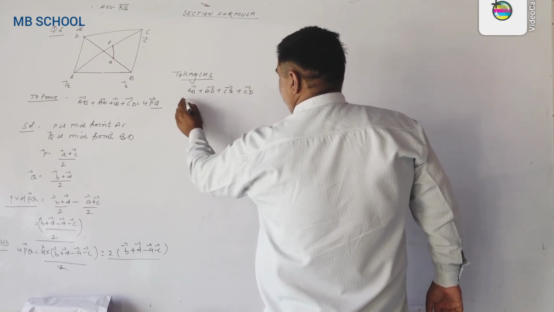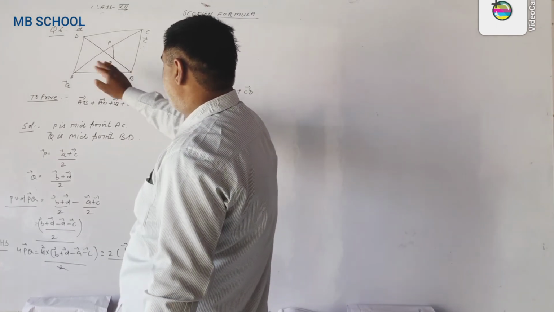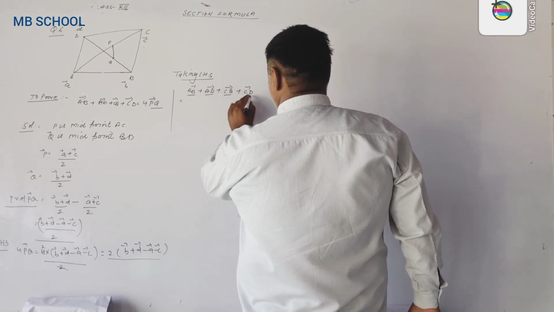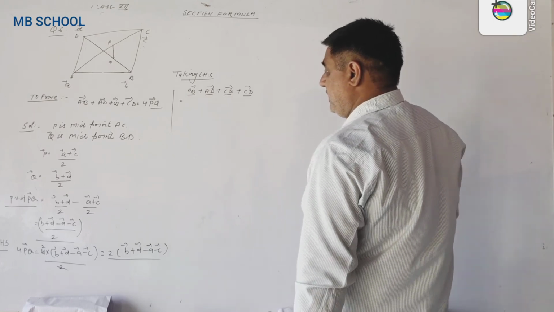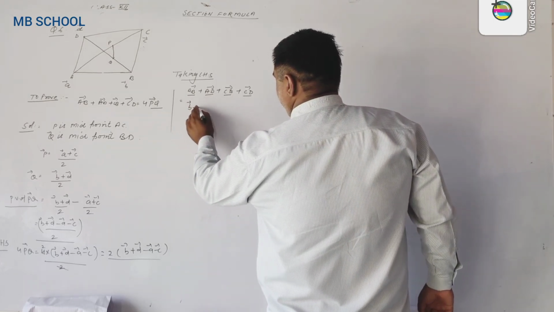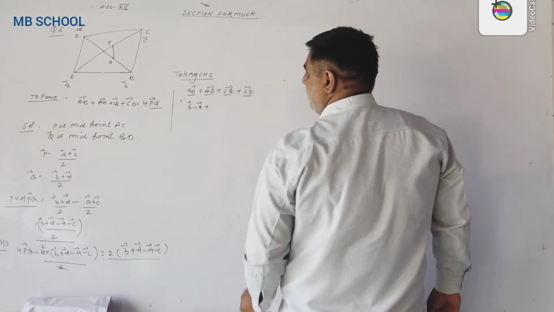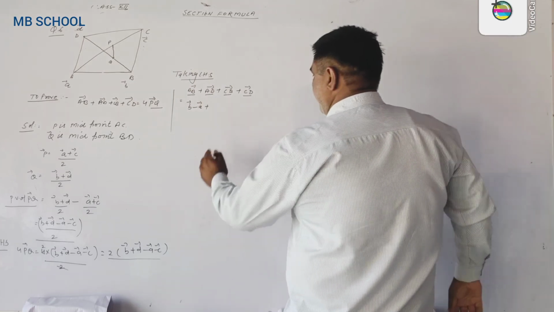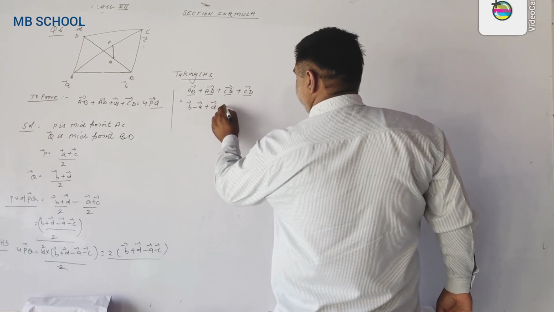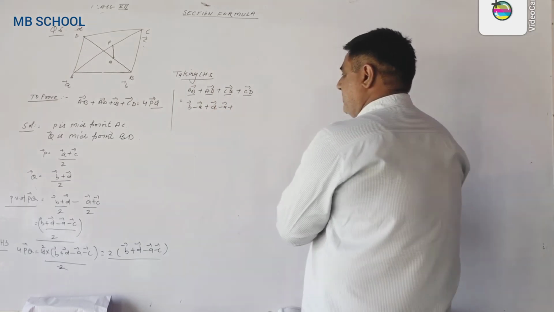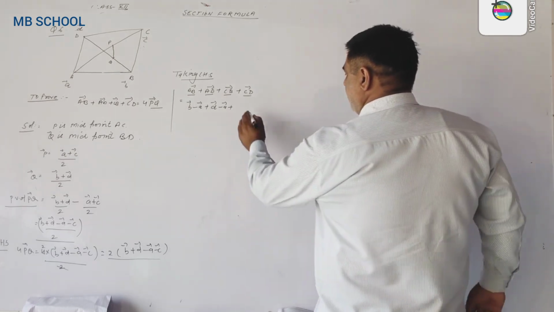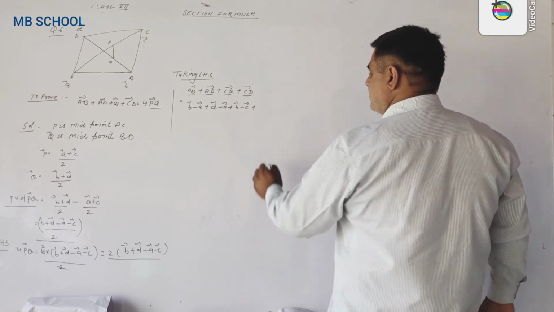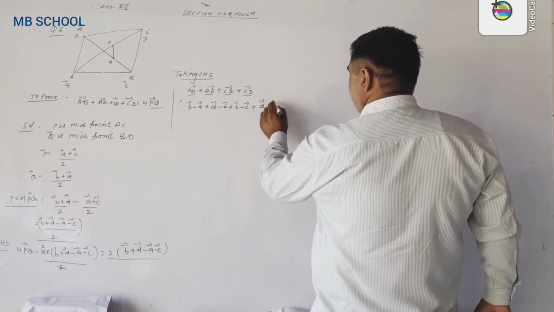So for AB, the position vector of AB means vector B minus vector A. AD means vector D minus A. CB means vector B minus vector C. And CD means D minus C. Now we solve these.